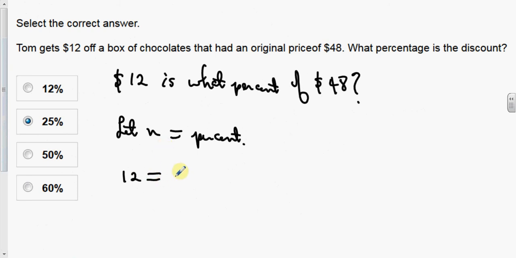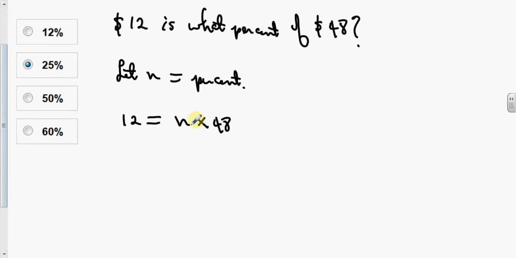What percent? n of is times 48. So get n by itself, divide both sides by 48. So we have 1 over 4 is equal to n.